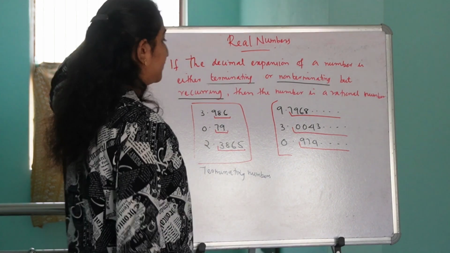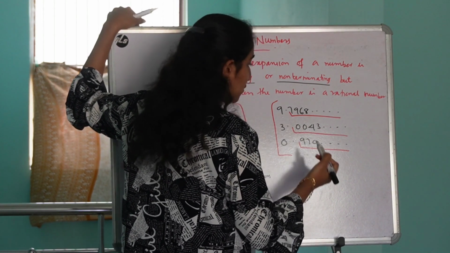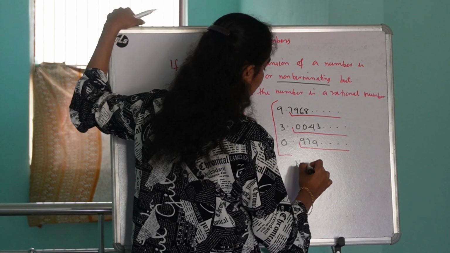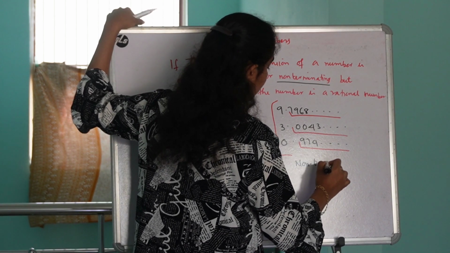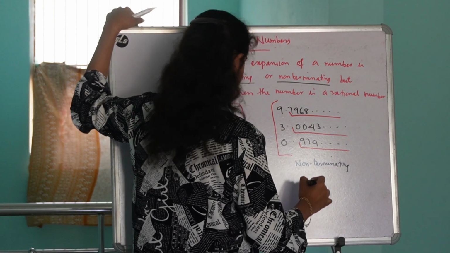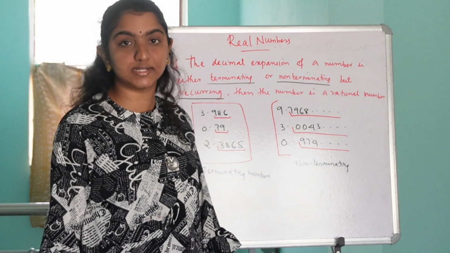And those decimal numbers that have an infinite number of digits after the decimal point are known as non-terminating decimal numbers. Is it clear, guys?